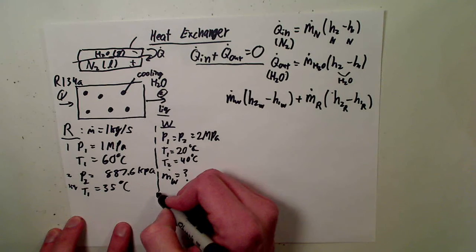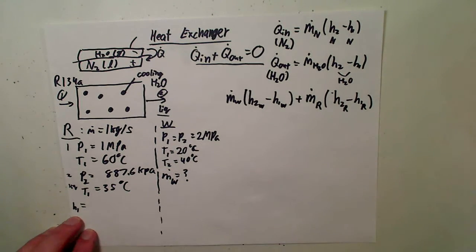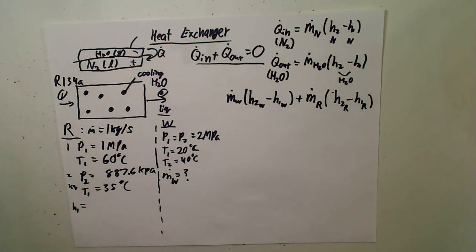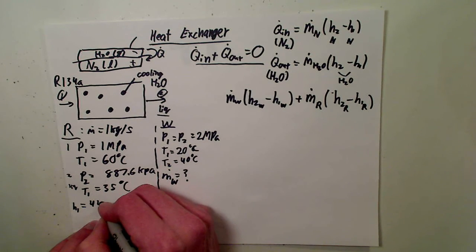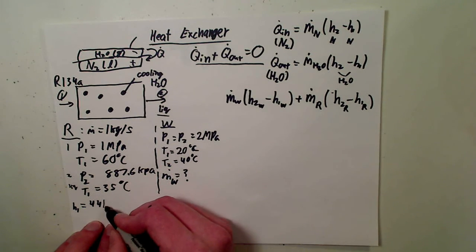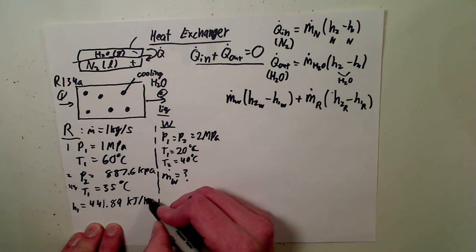We know H1 of the refrigerant at 1 megapascal and 60 degrees Celsius is 441.89 kilojoules per kilogram.